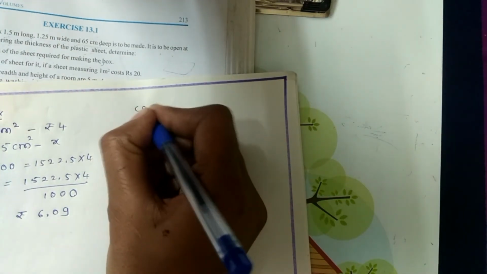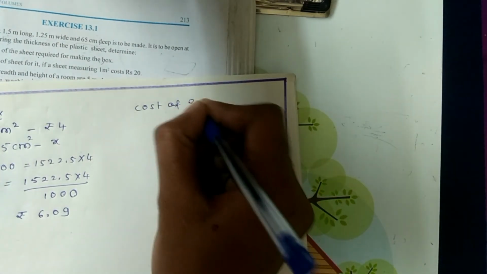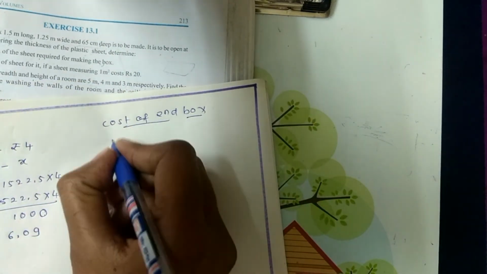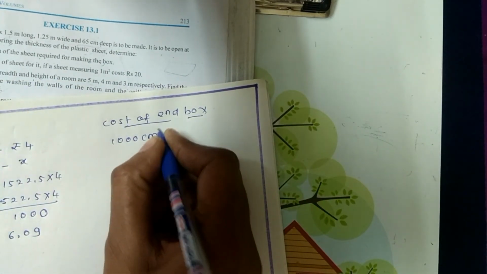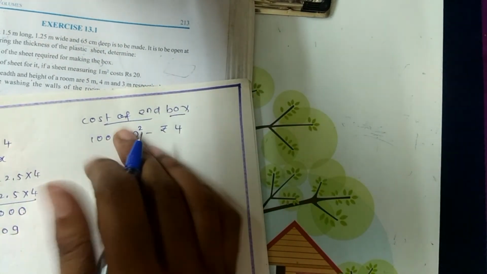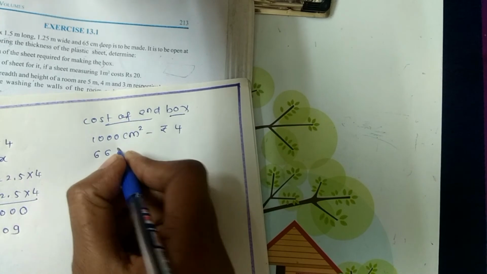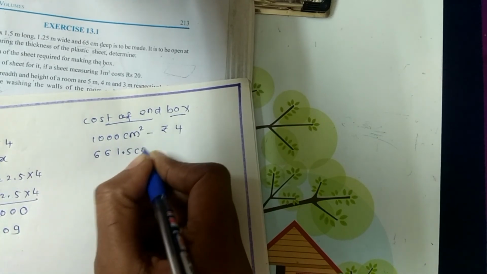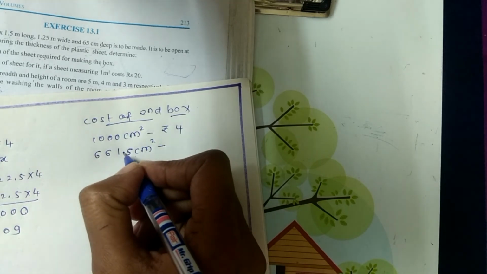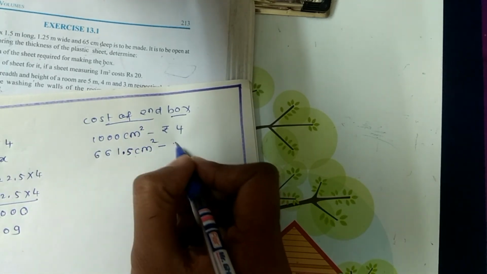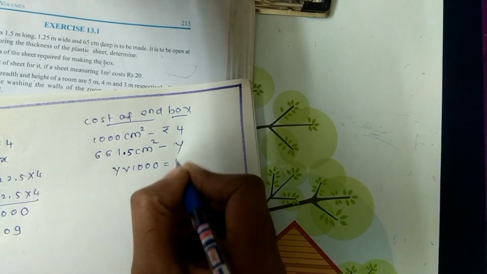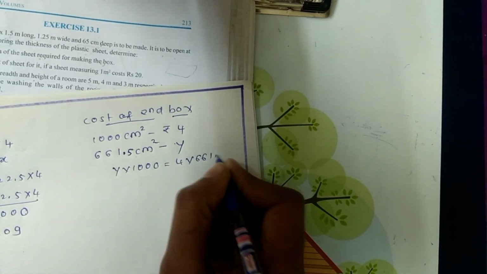Similarly, you can find out the cost of the second box. For the second also it is the same. The type of cardboard used is the same. And here we had got the area of cardboard needed for one box, isn't it? So what is the cost? We'll take this as y. So y into 1000 equals 4 into 661.5.